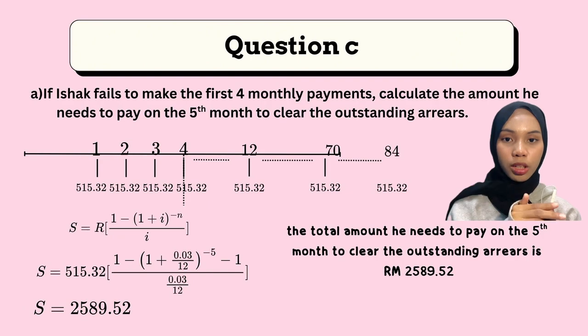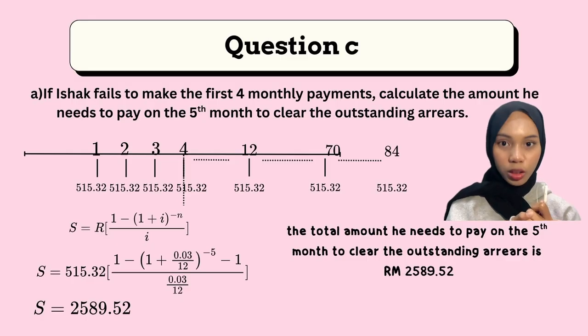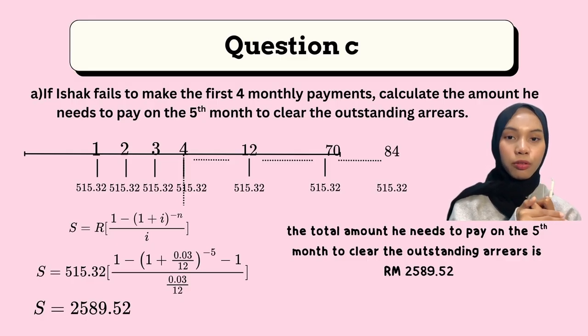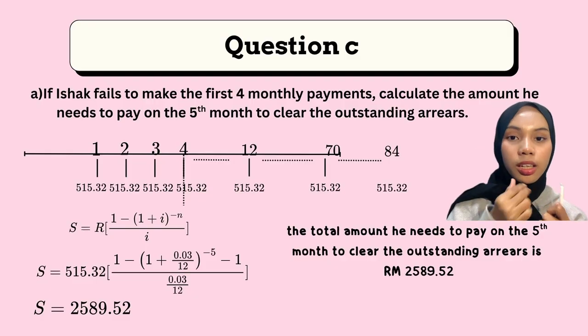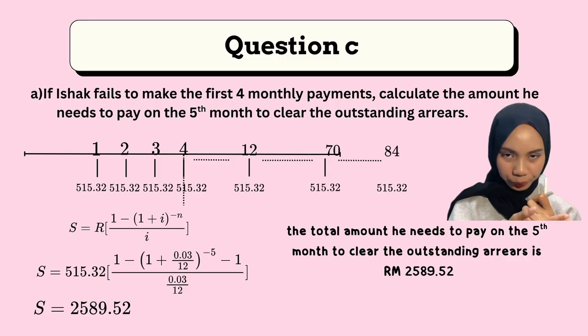After performing the calculation, the total amount Isha needs to pay in the 5th month to clear all the outstanding arrears is approximately RM2,589.52. This amount represents the accumulated value of the 4 missed installments including interest.